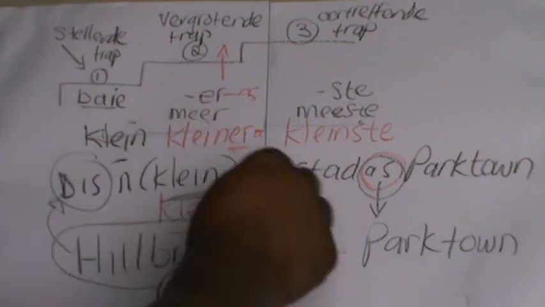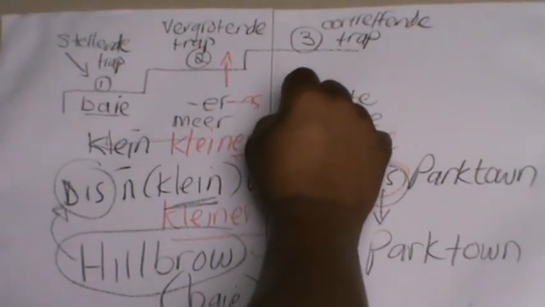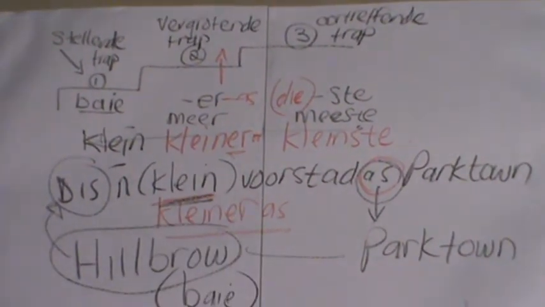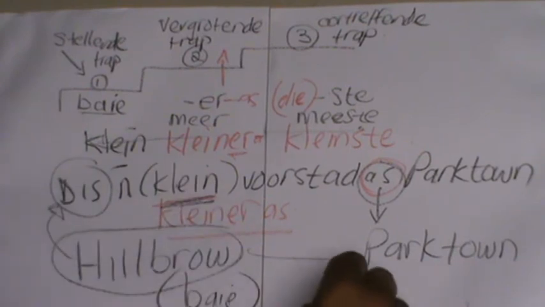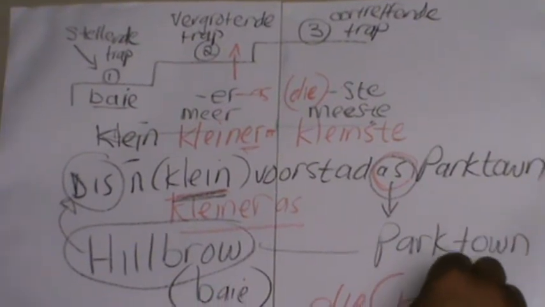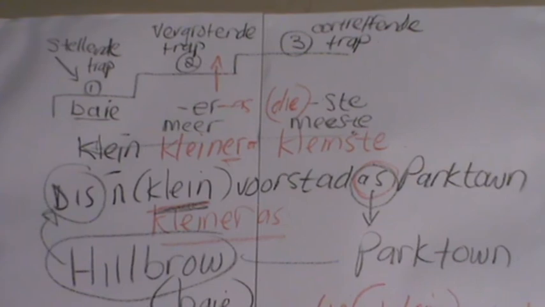In our sentences, when it comes to step 3, oortreffende trap, we're going to have to look for die, right in front of the word that is tested between brackets, right? So if you see there, the claim starts, right?